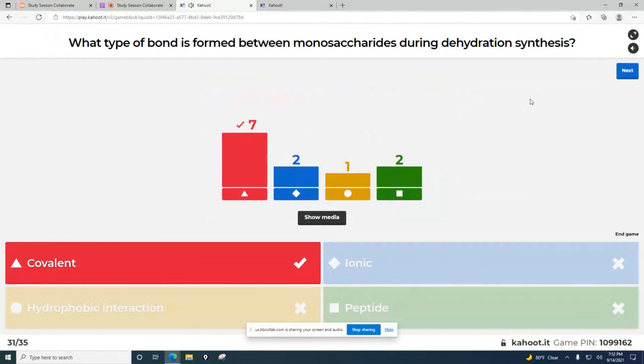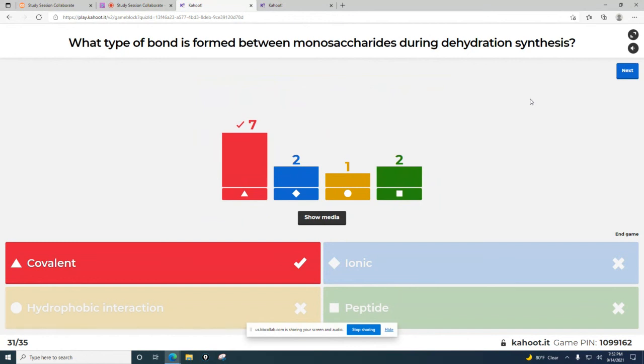Most people selected covalent. So that's that carbon and that oxygen bond sharing the electrons. Ionic is typically when they have different charges. So like your sodium, which is positively charged, and your chloride, which is negatively charged, coming together to make NaCl, which is table salt. That would be an ionic bond.